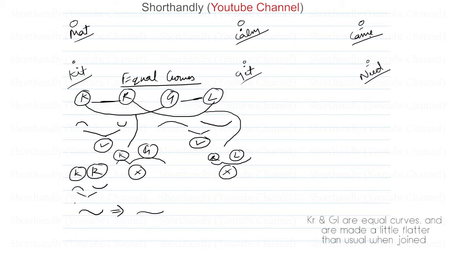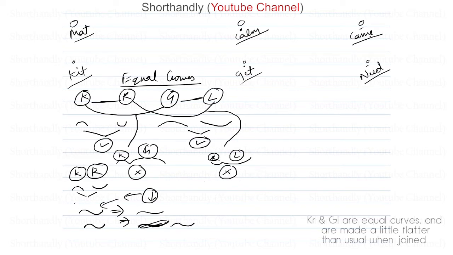If we notice this character, it is a little flatter than this one. So when the equal curves are joined, they are made a little flatter than usual. Usually we will make it like this, as we have been making, but because they are equal curves, we'll make it like this. So it is a little flatter. This is what this statement is about.